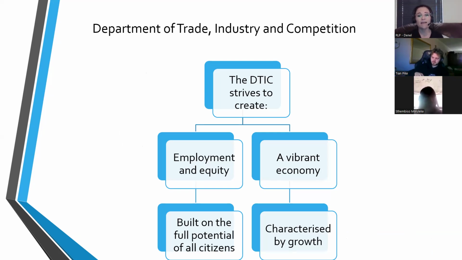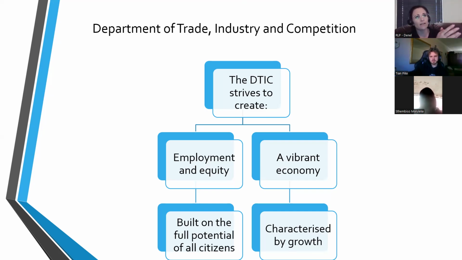So now the DTIC strives to create two things. They want to create employment and equity, as well as a vibrant economy. Employment and equity will be built on the full potential of all citizens.